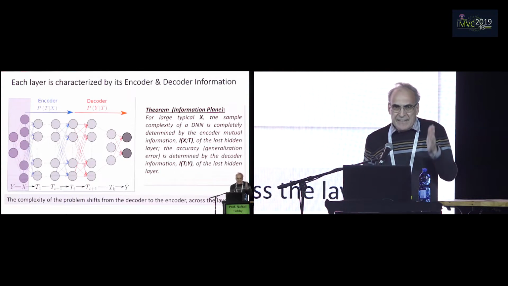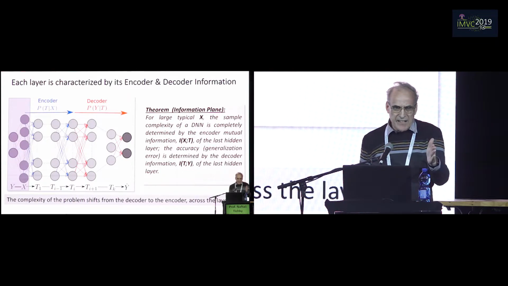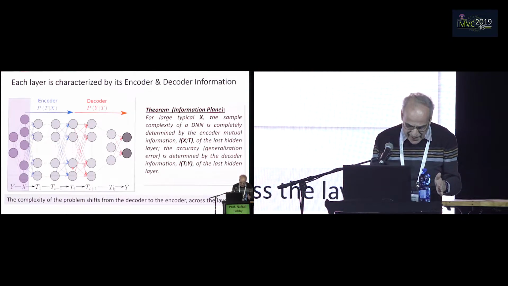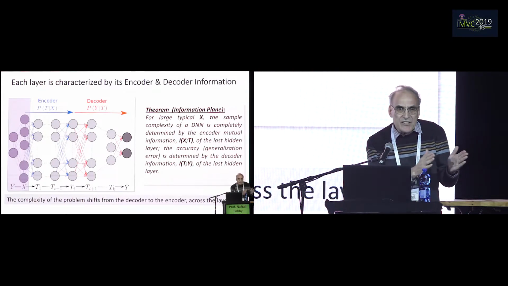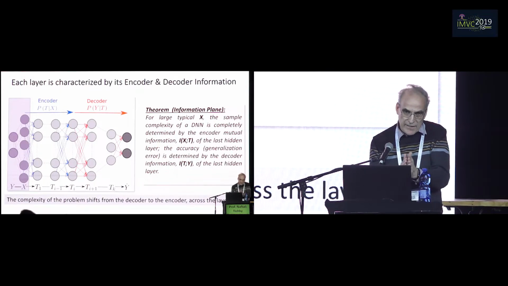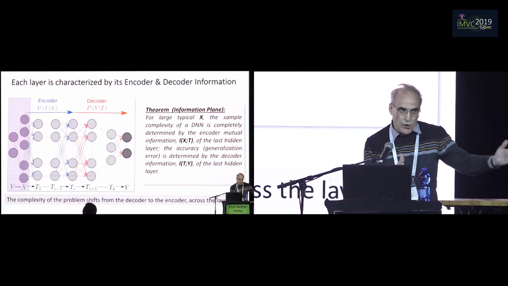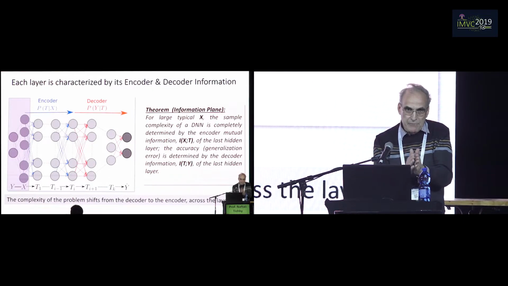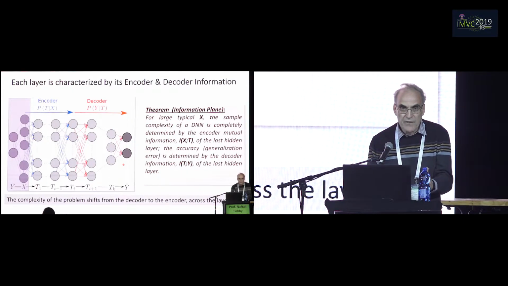One of them is the map from the input layer to one of the hidden layers, let's call it Ti. In this case, I call it the encoder of the layer. So this is really the map from the input to the layer. Each layer is characterized by two things: the encoder, the map from the input to the layer, and the decoder, the map from the layer to the output.